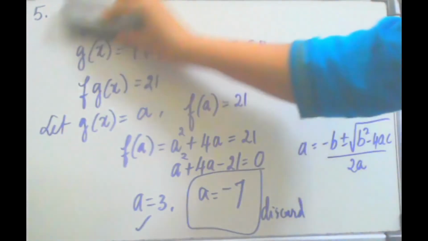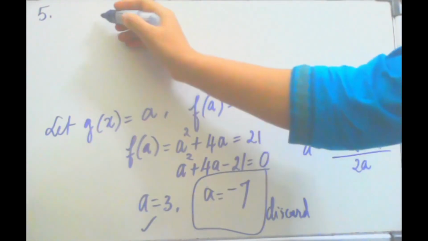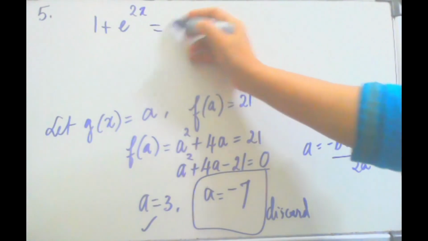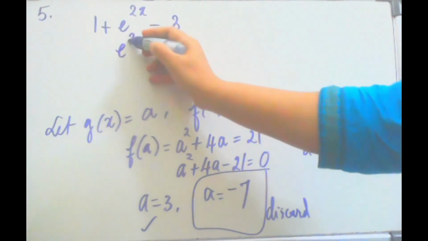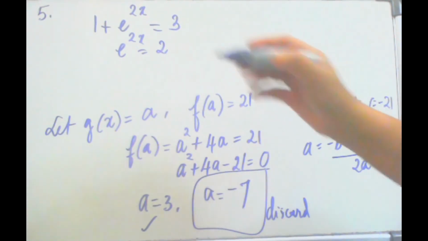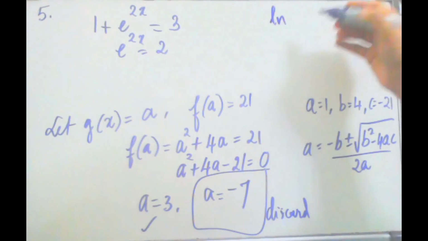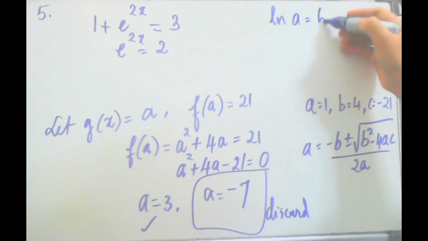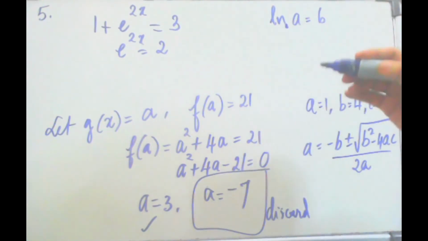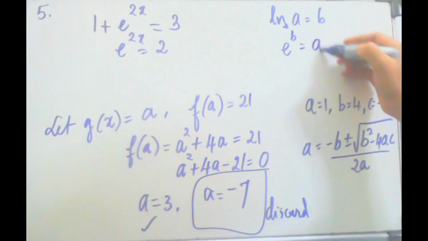Substituting a equal to 3, we get 1 plus e power 2x is equal to 3. Rearranging gives us e power 2x is equal to 2. Now going by the basic logarithmic definition: ln of a is b, where ln is natural log with base e, so we can write this as e power b is equal to a.